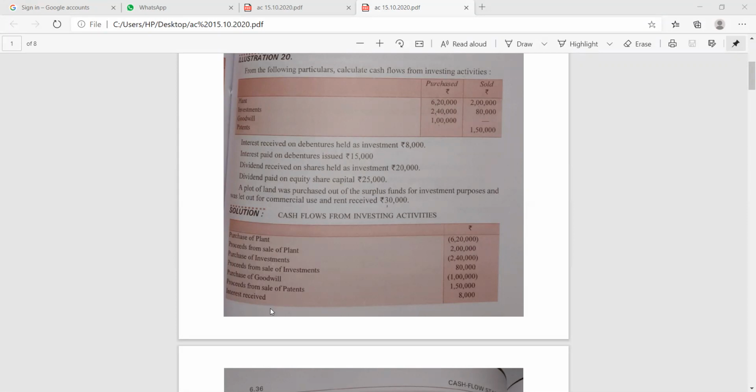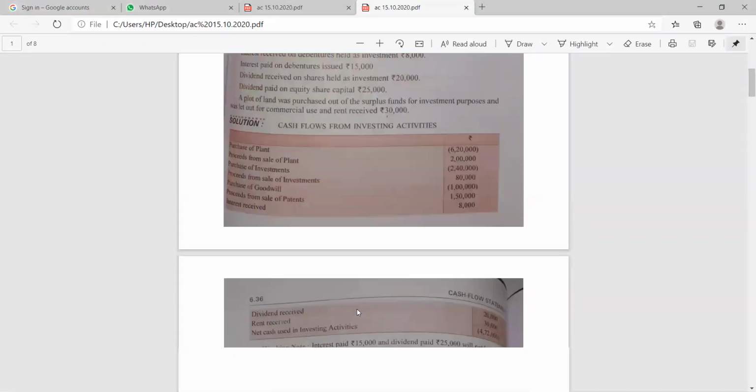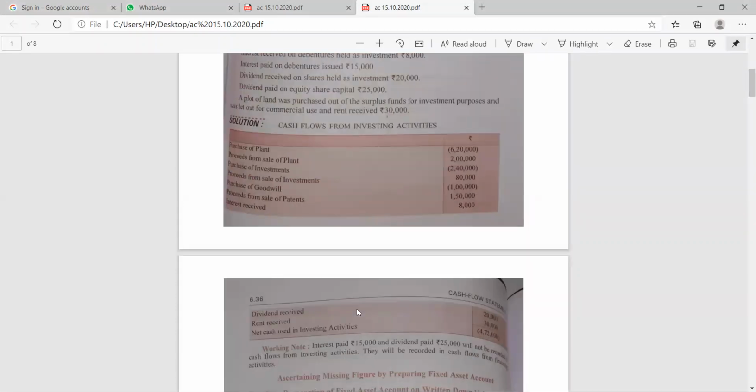Then the next one is the proceeds from sale of patents. The patent has been sold here. It is not written off. That's why proceeds from sale of patent is also to be added here. Related to investing activity, all the interest received, dividend received, rent received will also be added because these are inflows of investing activity.